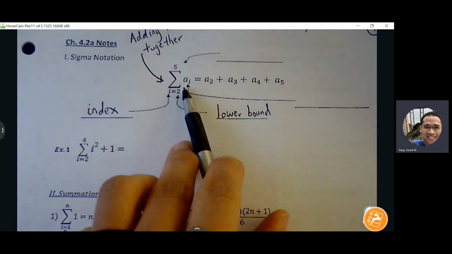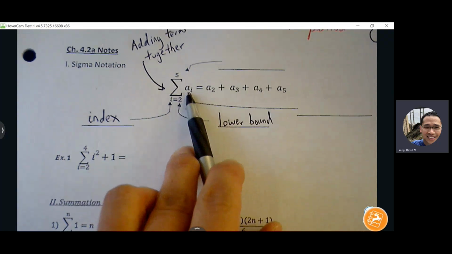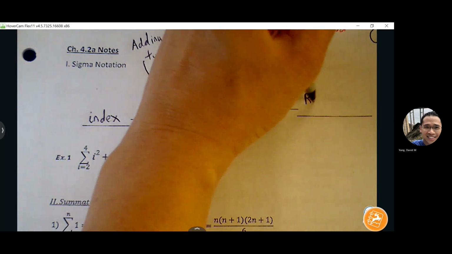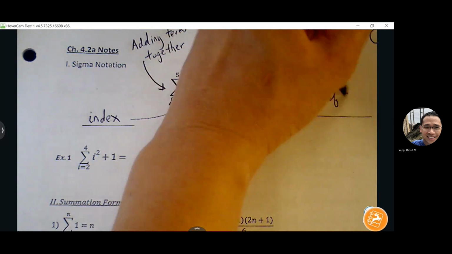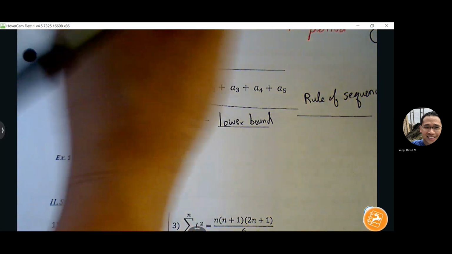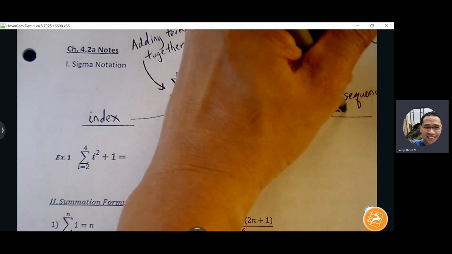And your rule is this a sub i, whatever is to the right of that sigma notation. You can call this the formula rule as well.